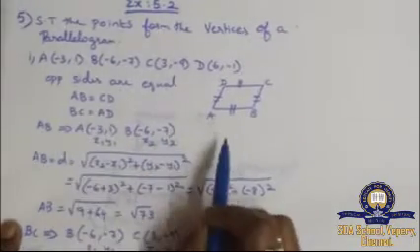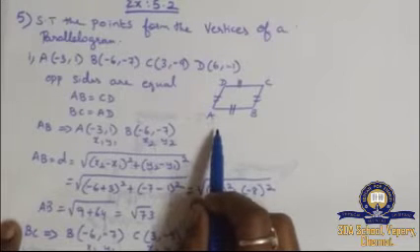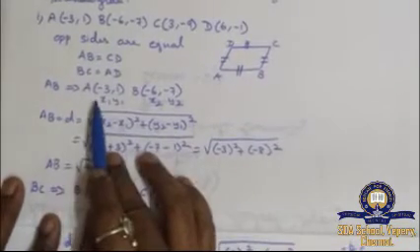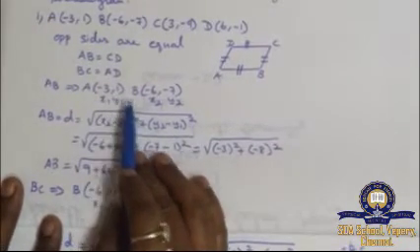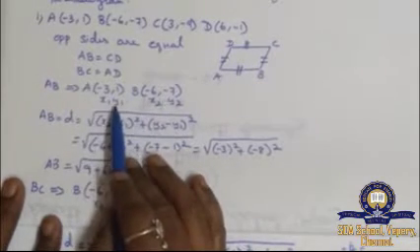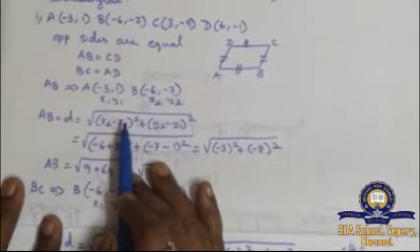So we are going to use the same formula, and we are going to do the calculations. First AB: I have written A value as minus 3 comma 1, B value as minus 6 comma minus 7, x1 comma y1, x2 comma y2. Same thing as I told you yesterday.